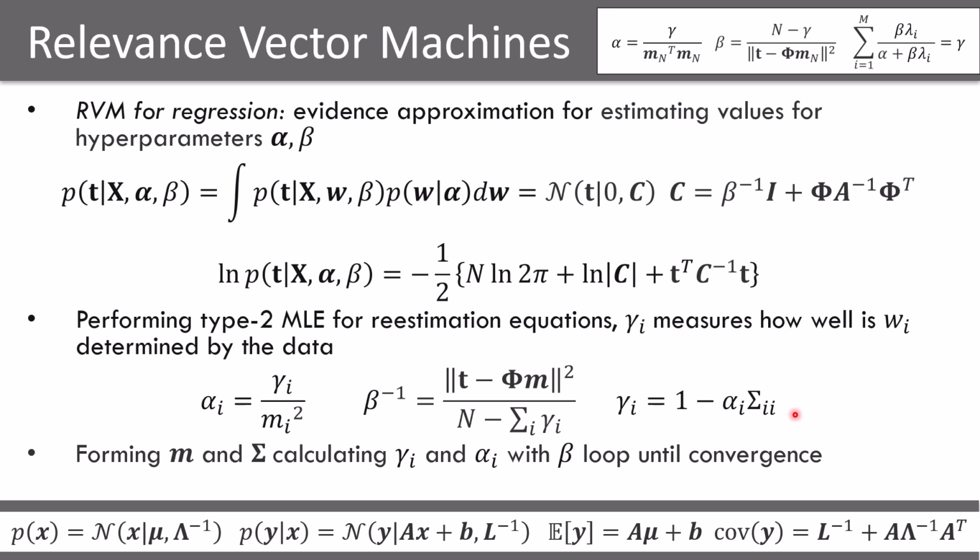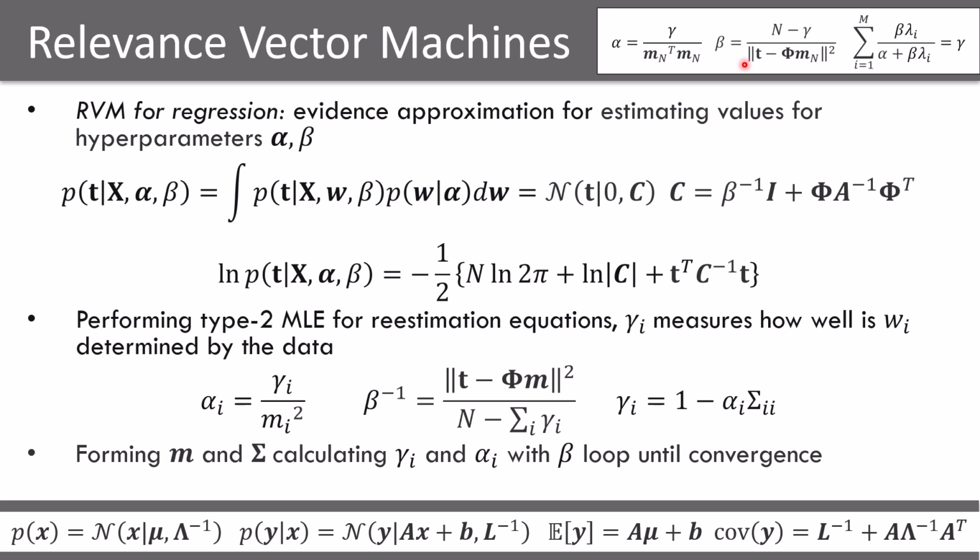Now, if we want to find alpha and beta, we need to do it as before, in an iterative fashion, where we form the m and the sigma as the quantities for our posterior, and then use these values for calculating our gamma, and out of it the alpha and beta.